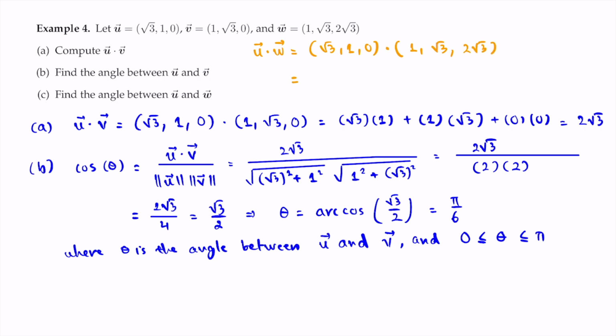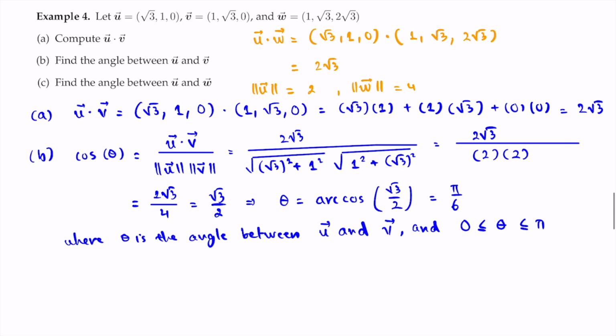If you do the calculations correctly, you get 2 times root 3. And the magnitude of u is going to give the answer of 2. The magnitude of w is going to give the answer of 4.